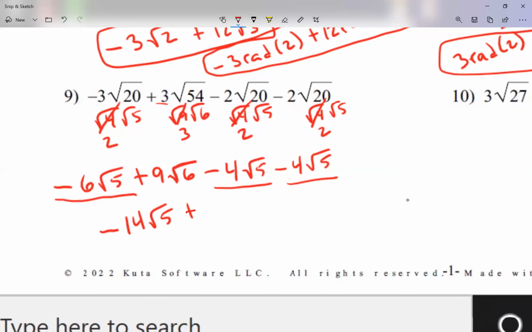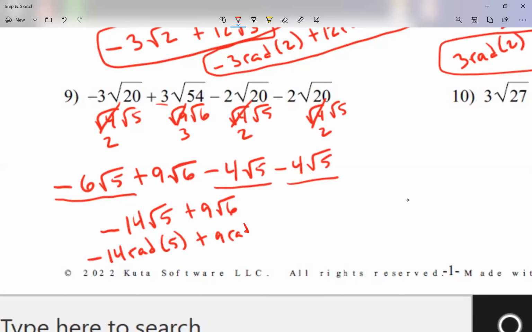And then plus 9 radical 6. Cannot combine it with that one because they're not like terms. The way I will type this, negative 14 rad 5 plus 9 radical 6. Or if it's given as a multiple choice, it's even better.